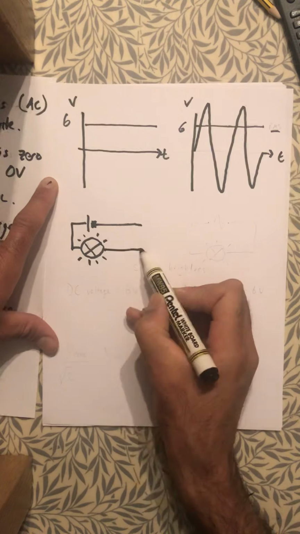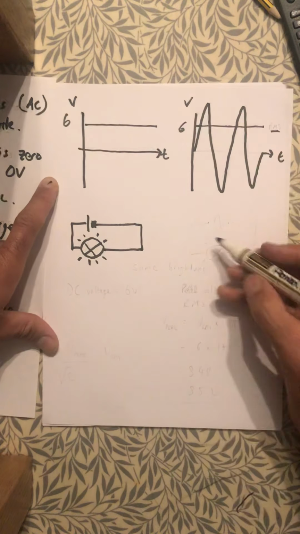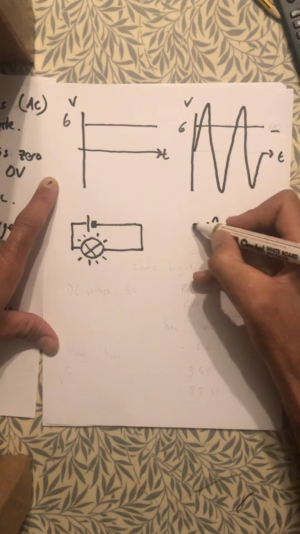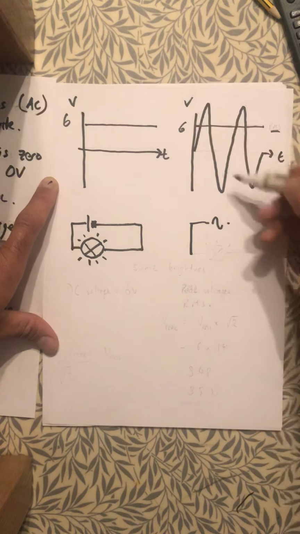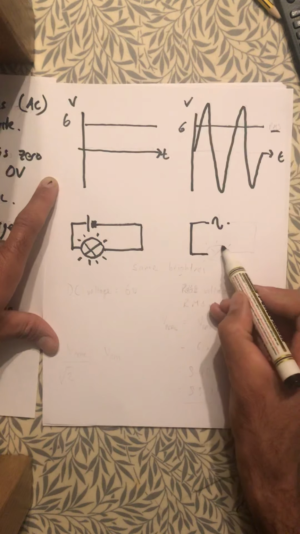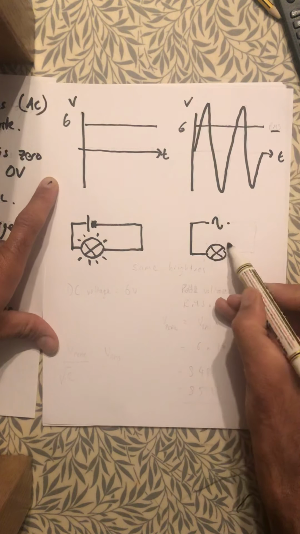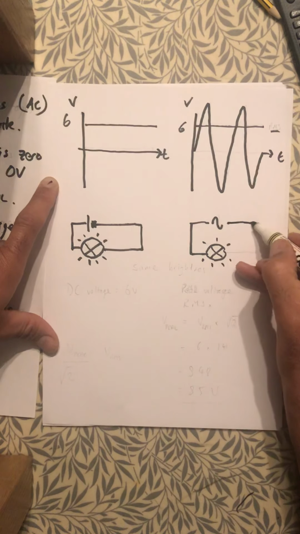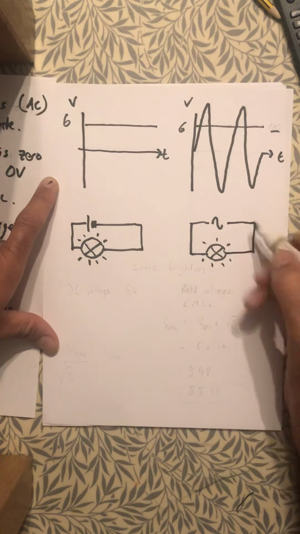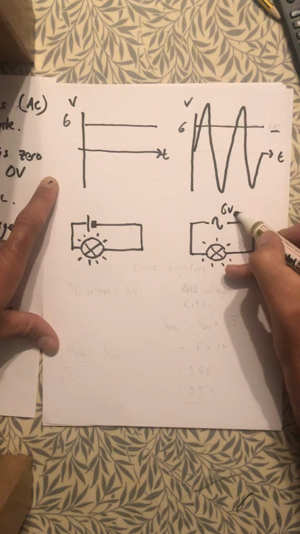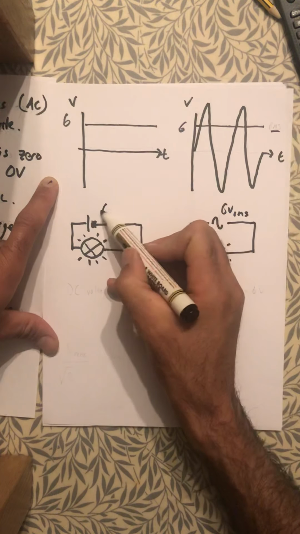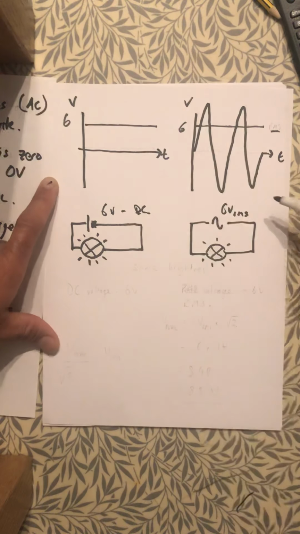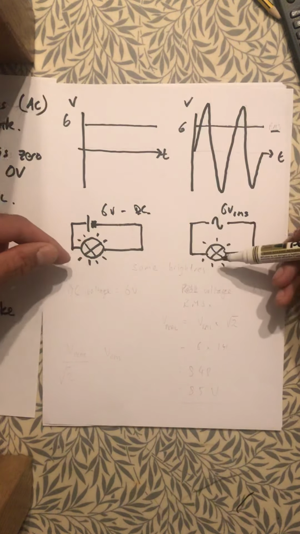So this is the important point here. That these two circuits are equivalent in that if I had an alternating current supply, which has an RMS voltage of 6 volts, and I had lamps which were identical in both circuits, then we would find that my 6 volt RMS and my 6 volt direct current, you would not be able to tell the difference between these lamps.